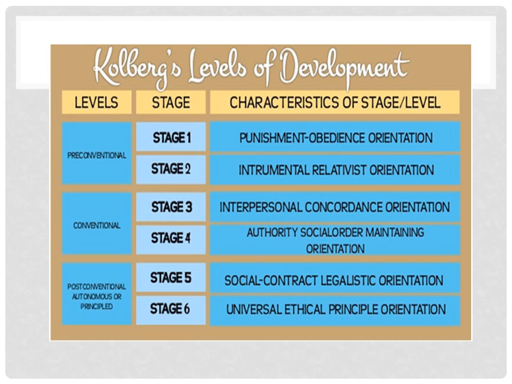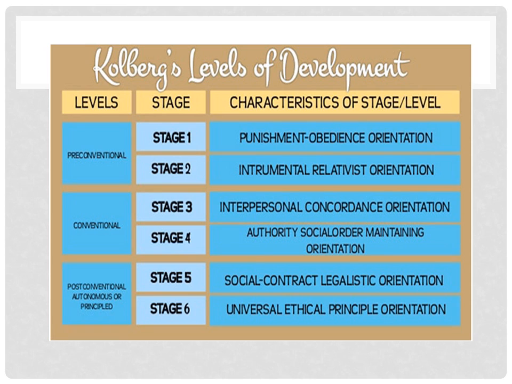Now let's go to stage two, which is the instrumental relativist orientation. Here, they have to conform to get rewards and have favors returned. They have to follow certain rules or orders to get specific rewards.